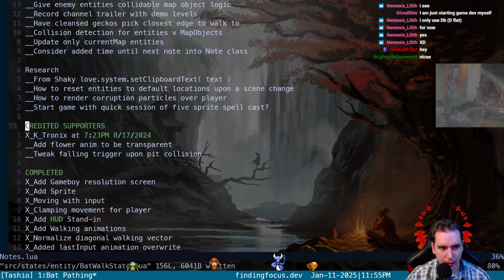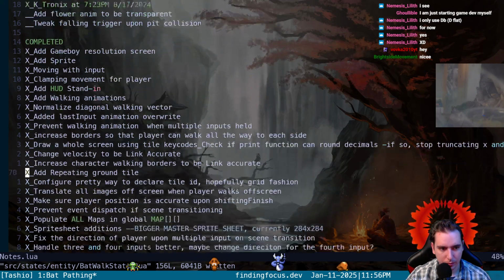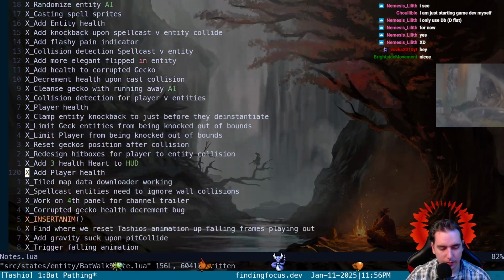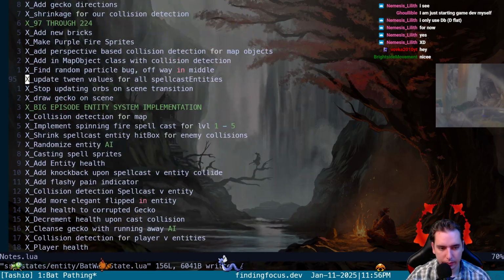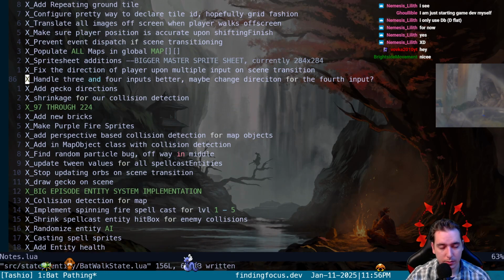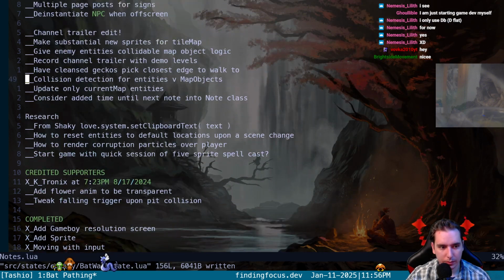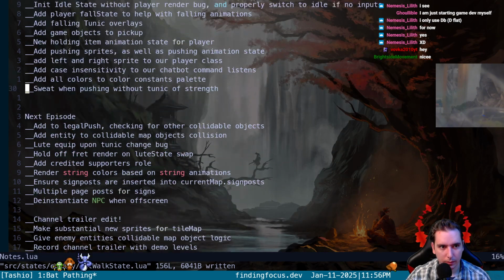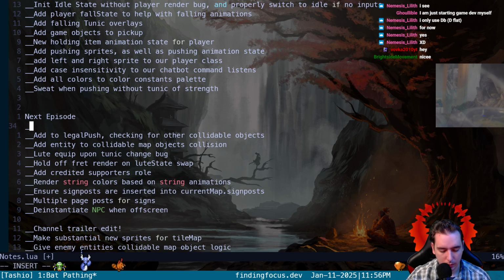But we'll say that next episode, we're going to fix the distance to player so it's more consistent on all quadrants, and then where is our to-do list? Here. We're going to do, what would we say?